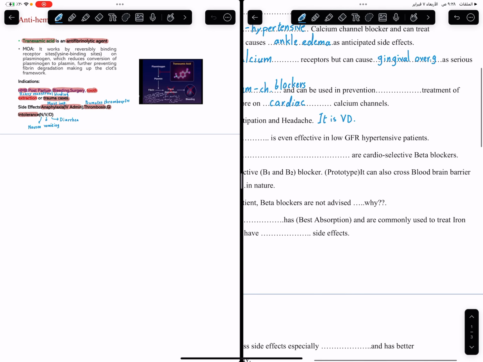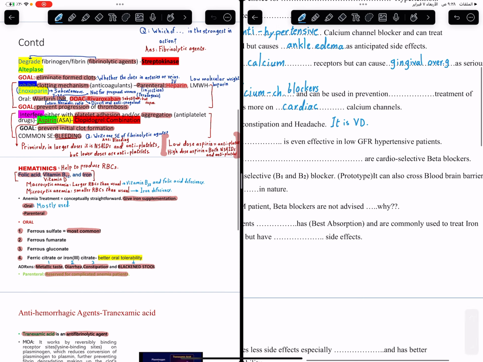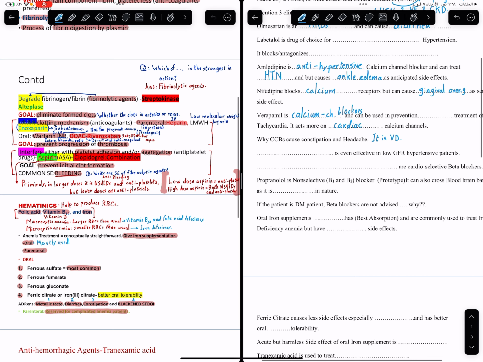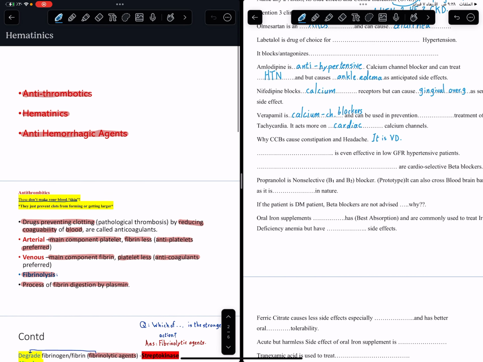GFR, glomerular filtration rate. Glomerular filtration means urine production. So which drug is important in urine production?